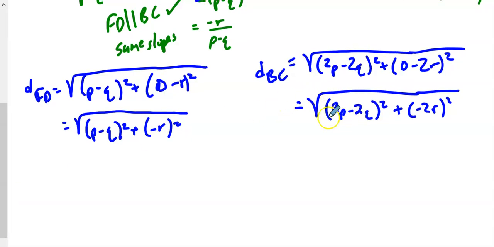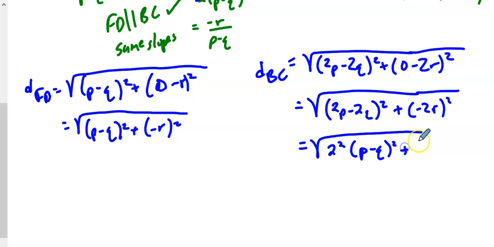What we can do here is we can actually factor these out. So let me show this extra step. So I could really do 2 squared and multiply that by the binomial P minus Q squared. And I could do the same thing here. I could make this 2 squared and leave this as negative R squared. So what happens is this is a common term that I can factor out.